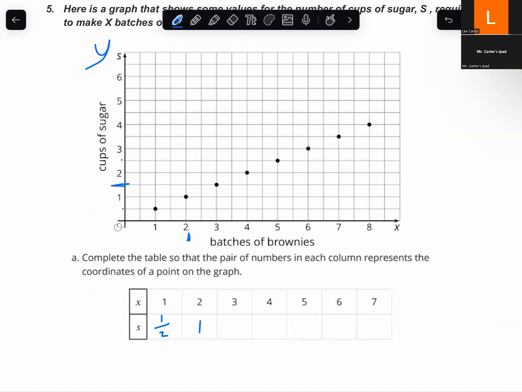And this is 3 halves or 1.5. Then the 4 batches of brownies takes 2 cups of sugar. This would be 2.5. Just check it here. So like 6 batches of brownies, 3 cups of sugar, like that.